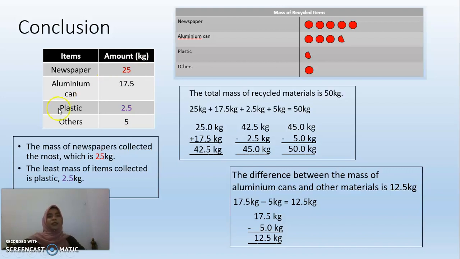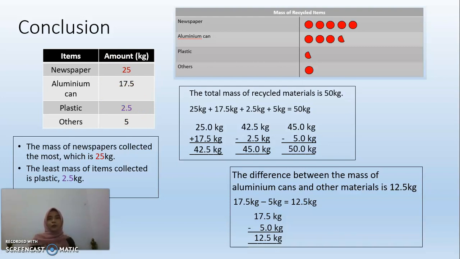Okay, the second one, the least mass of items collected is plastic, which is 2.5 kilogram. Sorry. Okay, you can see here, newspaper the most, 25 kilogram, plastic the least, 2.5 kilogram.